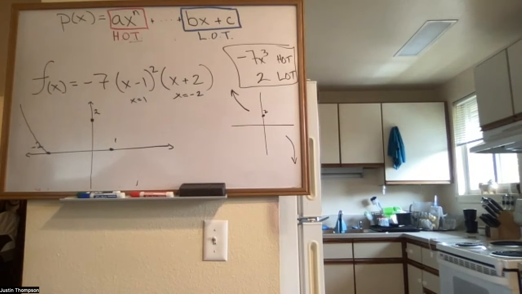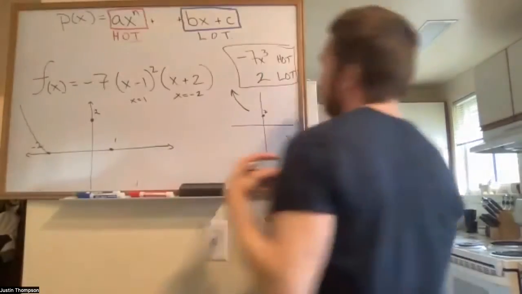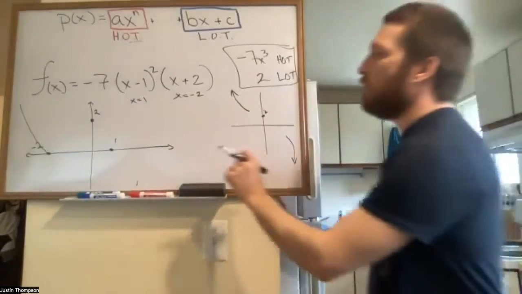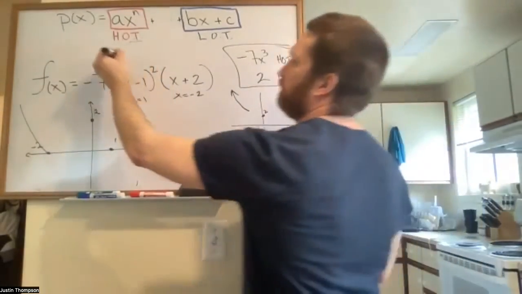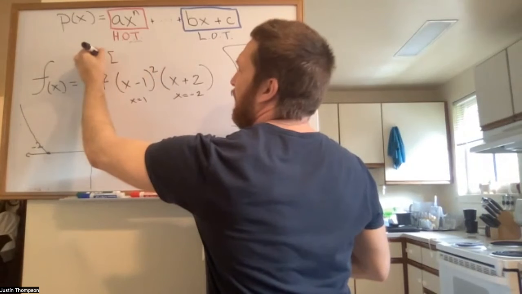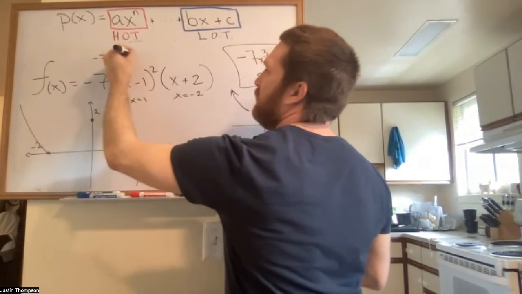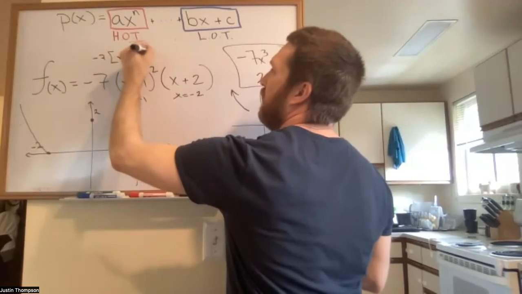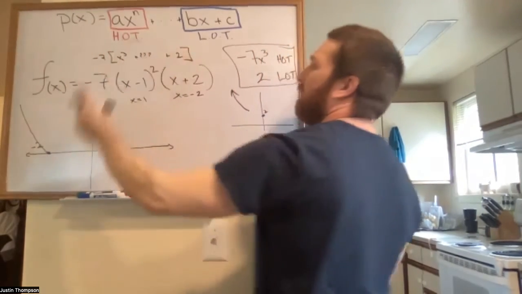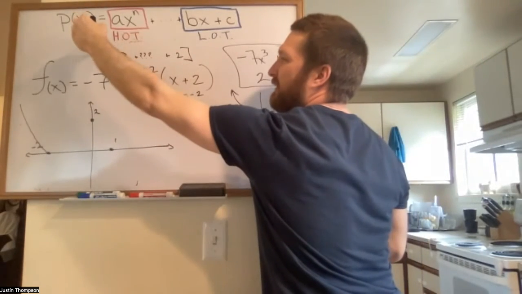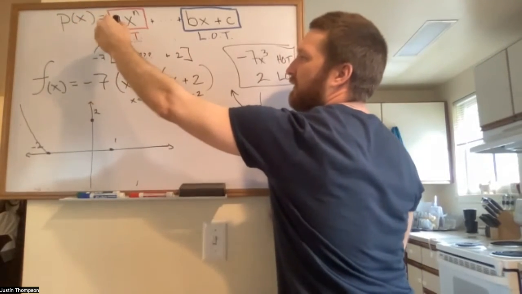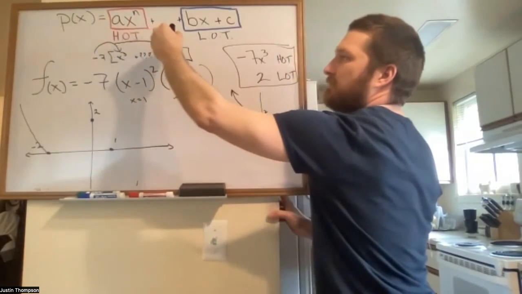And then the question is, does it bounce back? Uh-oh, that's not my lowest order term. Look what I did. So I'm sorry about this. I had negative 7x cubed plus a bunch of stuff, I don't know what it is, plus 2. But I didn't distribute that 7 in. I did it for the first one, I didn't do it here.